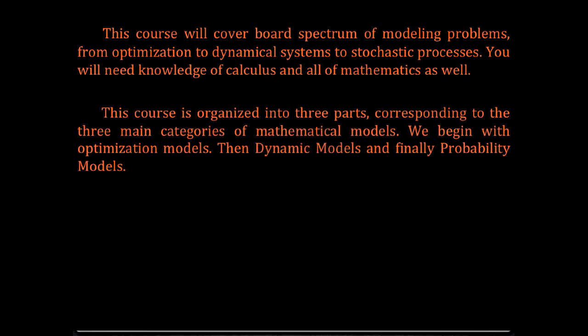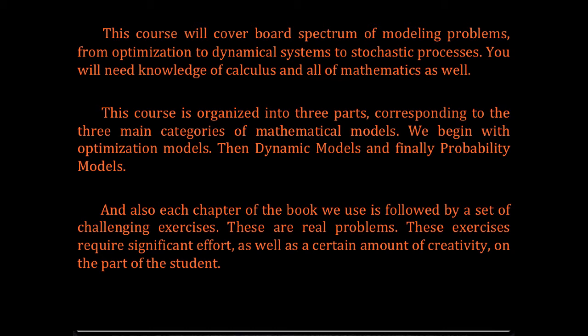We are going to do the same thing in chapter 1 and from chapter 1 to chapter 3. Therefore, if you cannot remember, please go back to your calculus notes and refresh your memory. This course is organized into 3 parts. According to the book, we begin with optimization models. Then we are going to talk about dynamical models, and the last few chapters will be on probability models.